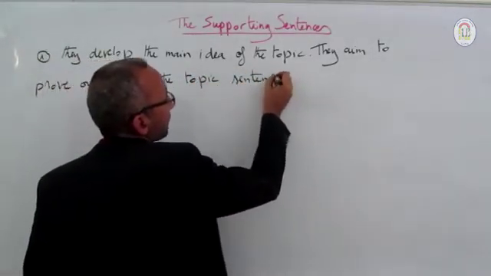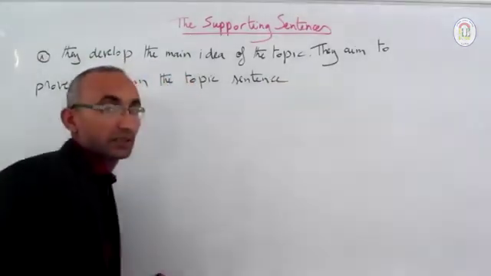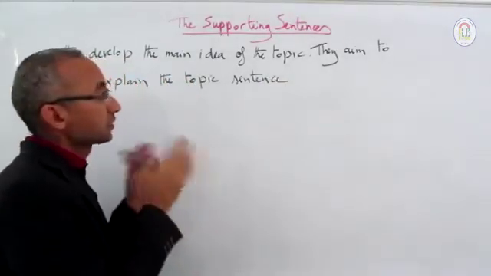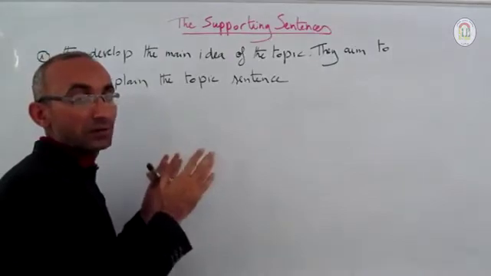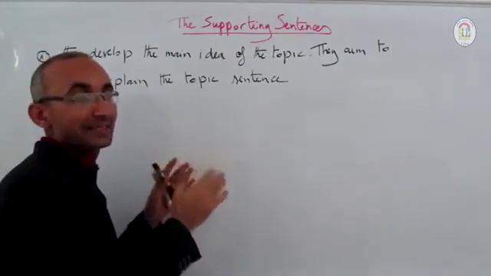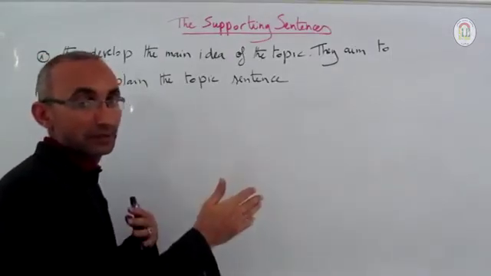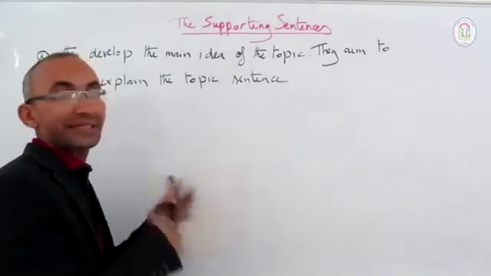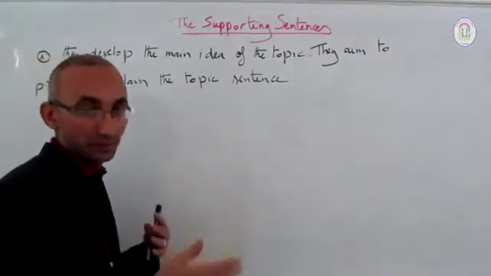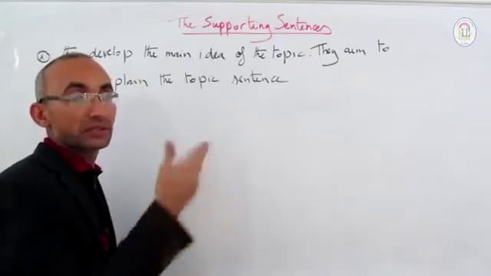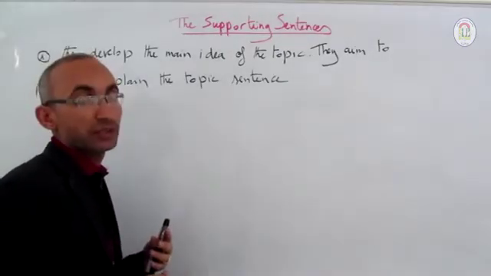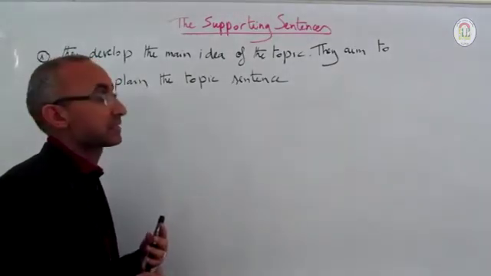That's why the writer here is required to stick only to the topic and the main idea of the topic sentence and develop it, extend it. He is not allowed to bring any other ideas, any new ideas, which are irrelevant to what he mentioned in the first topic sentence.